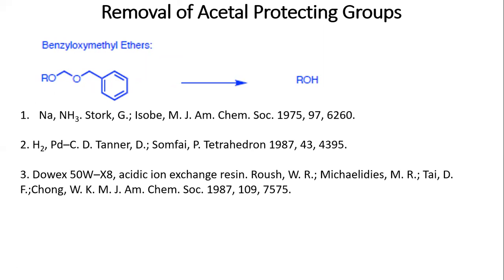So it's like a radical mechanism to remove that BOM ether. You can hydrogenate it off with hydrogen gas and palladium on carbon, and you can also use this Dowex reagent. It's like an ion exchange resin. You can use that, and that'll also remove the BOM ether.